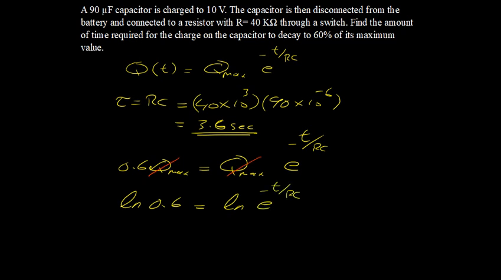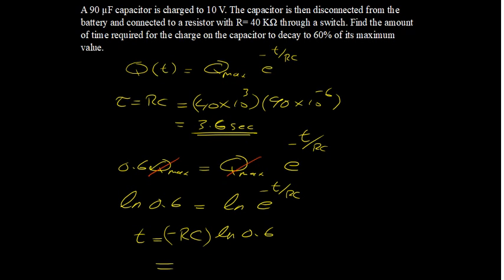That simply will give me, after rearranging, t equals minus RC ln 0.6.